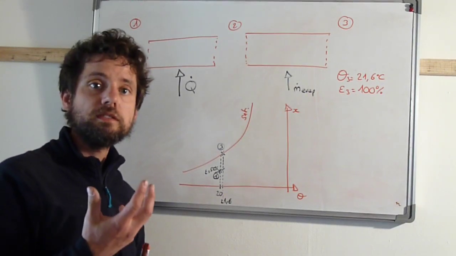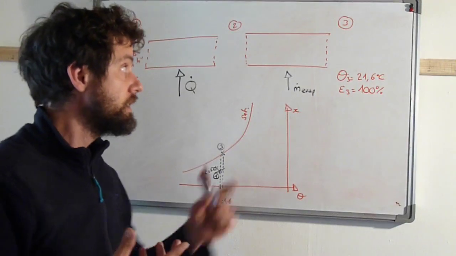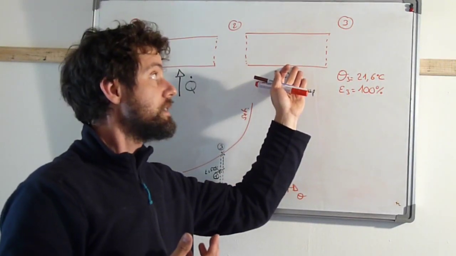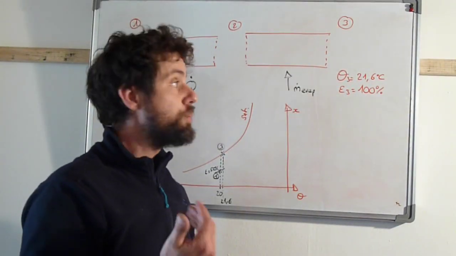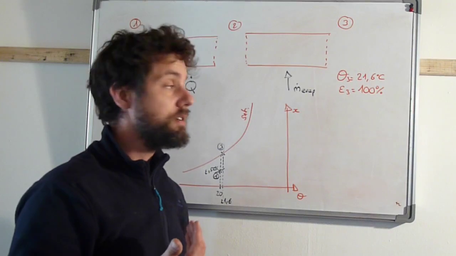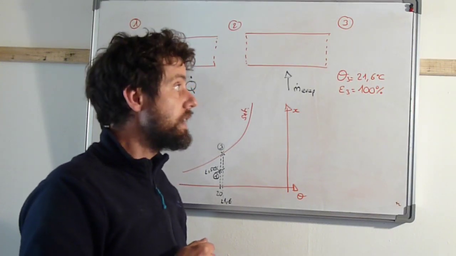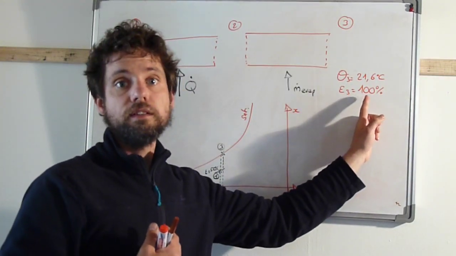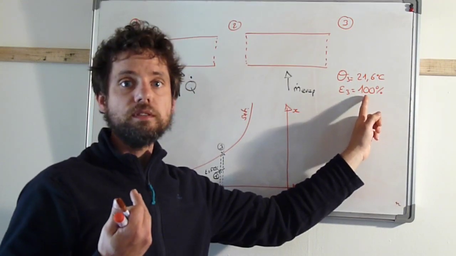The product contains liquid water, and here this liquid water will evaporate until leaving the system at point 3, where the temperature measured is 21.6 degrees and the air is saturated. So the relative humidity in point 3 is 100%.